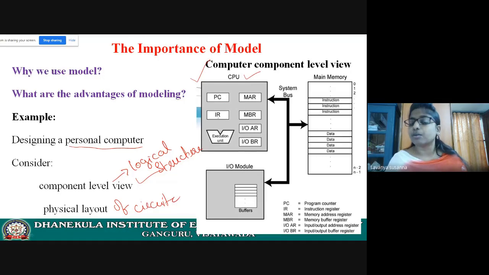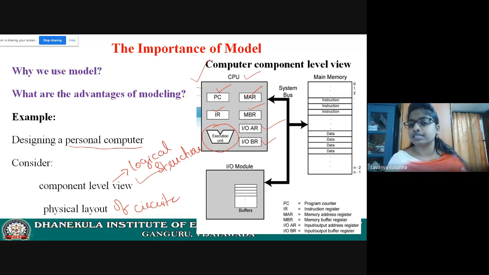The execution unit is nothing but the ALU and the control unit. Next, all these are registers: program counter, memory address register, instruction register, memory buffer register, input output address register, and input output buffer register.